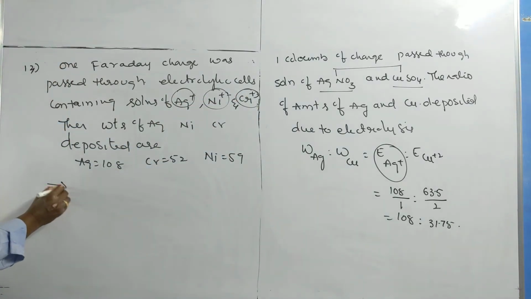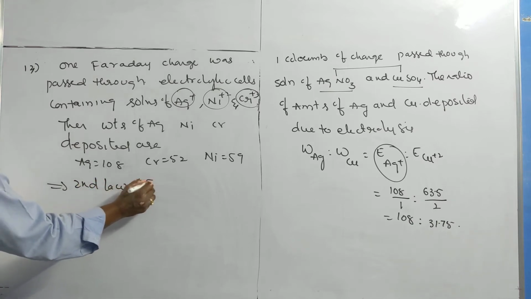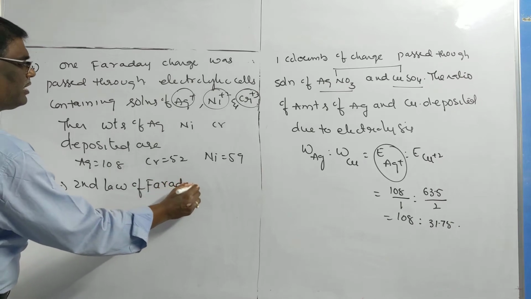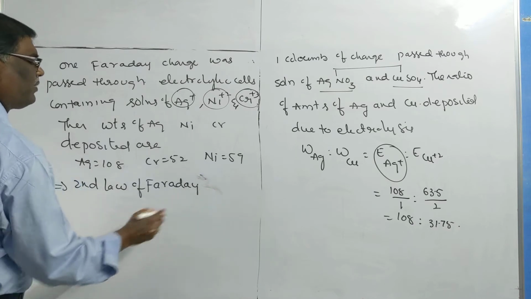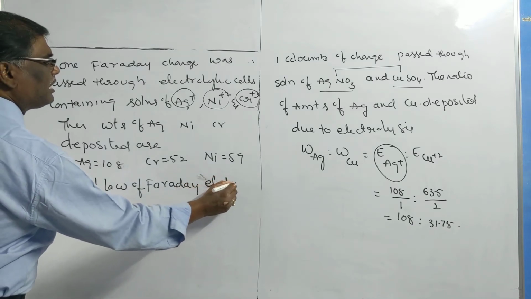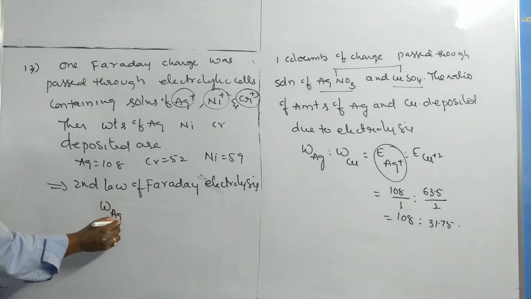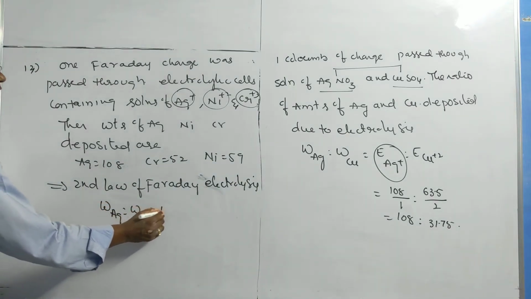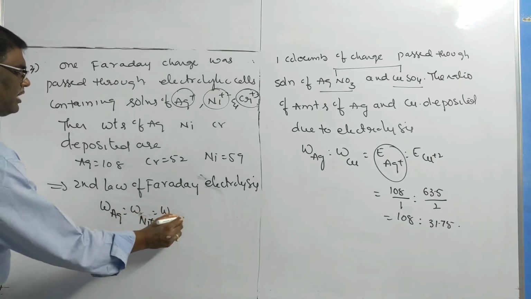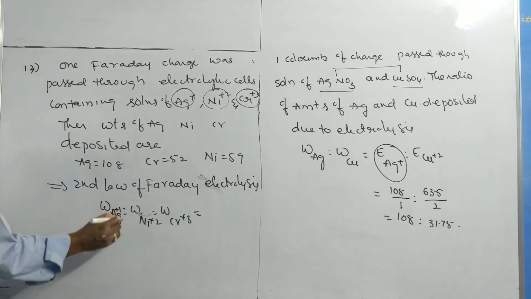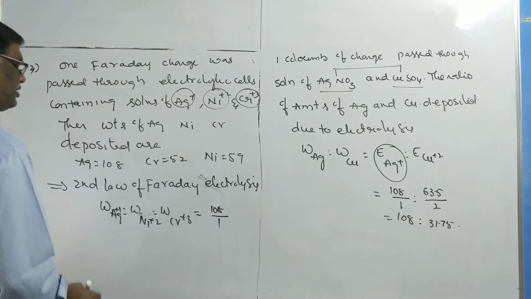So this gives an idea about the second law of Faraday, laws of electrolysis. According to this, the ratio of weights deposited is equal to the ratio of their equivalent weights. Now for silver, what is the equivalent weight? 108 by 1, because silver charge is 1.